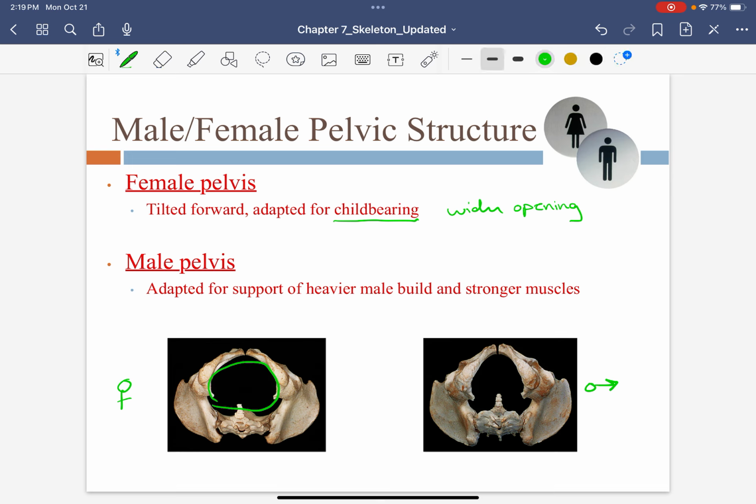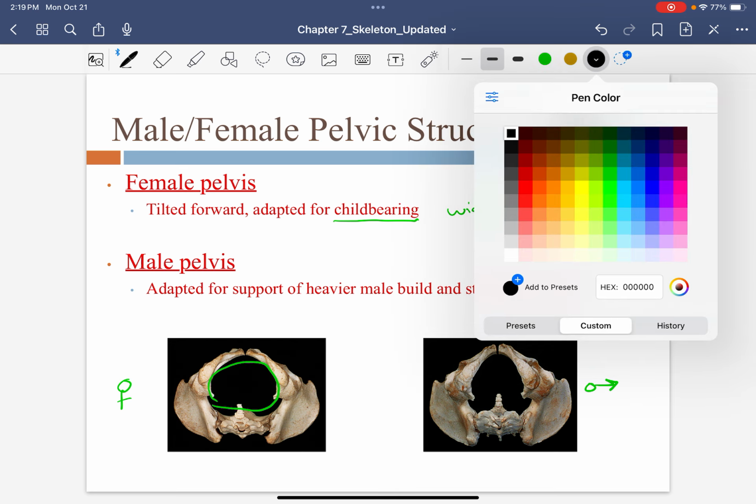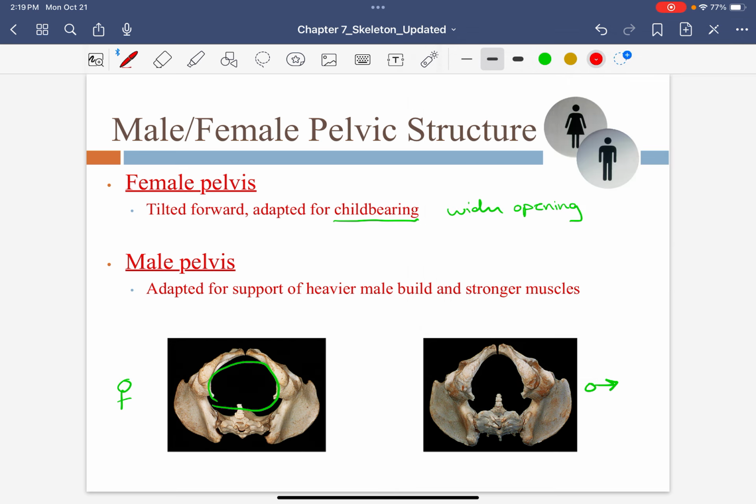If you look at the curvature of the sacrum and coccyx, the male sacrum and coccyx is very much curved. In other words, it kind of curves in, and part of the coccyx is in this opening.